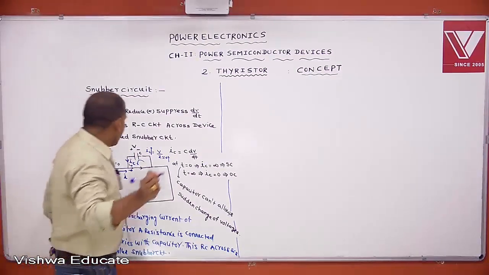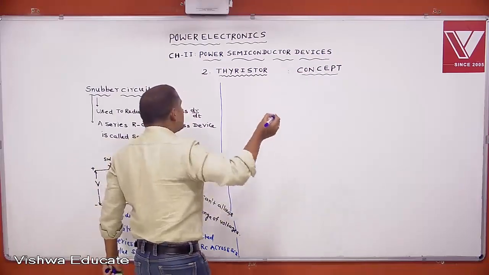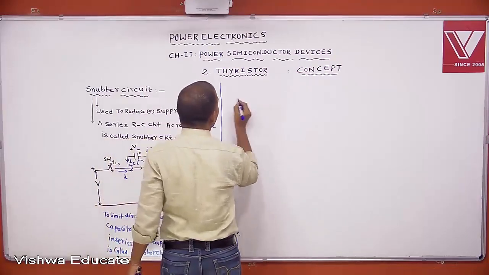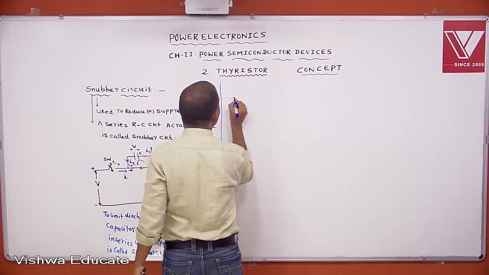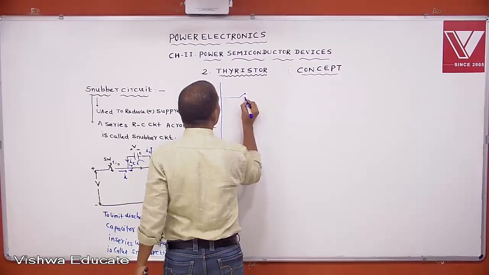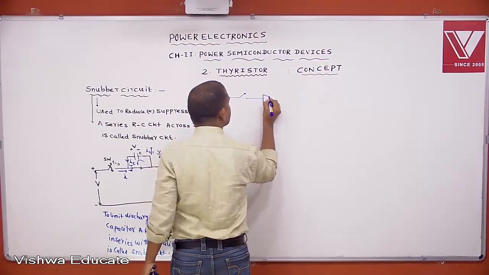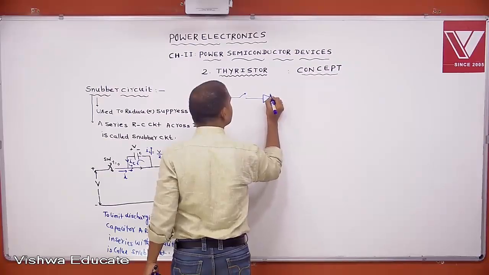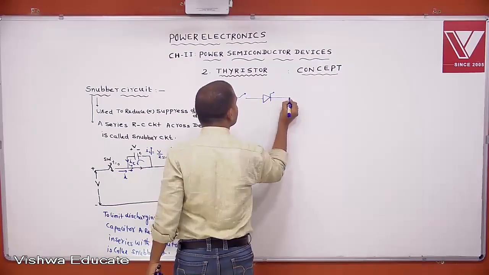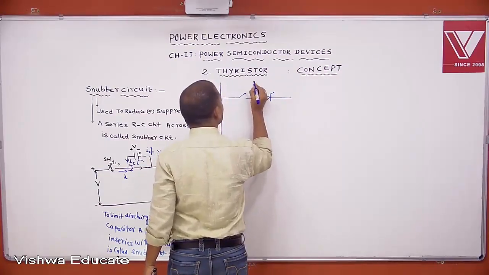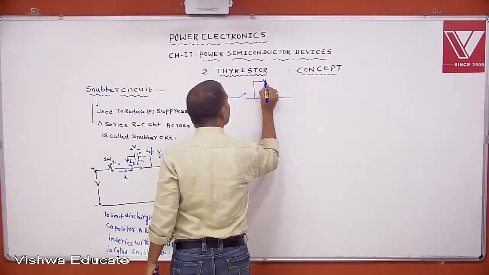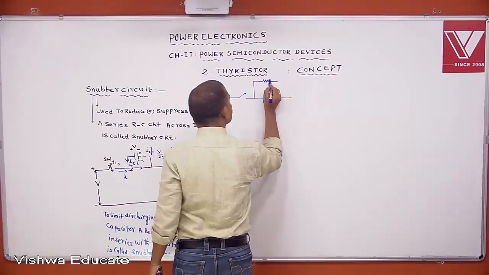Now, if you draw the exact circuit of the snubber circuit, then this is some switch arrangement. This is the thyristor. Let the snubber circuit resistance be RS.